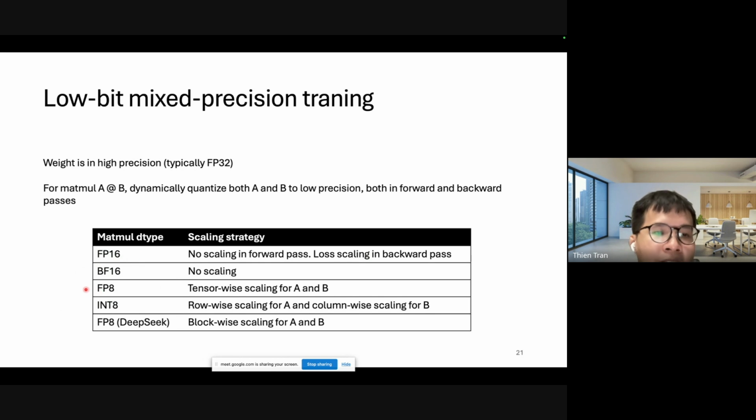For FP8, the earlier FP8 used tensor-wise scaling, and the one that DeepSeek used, which I showed just now, uses block-wise scaling. And we have E8 here, which is more for post-training quantization.